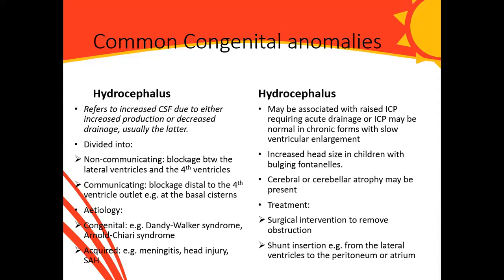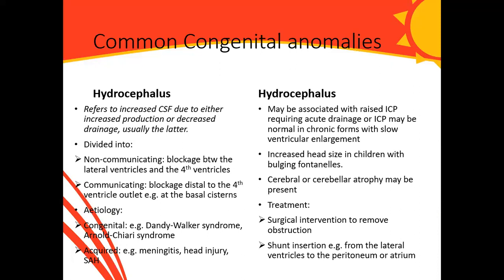Many of us must have anesthetized one or two patients with hydrocephalus for a VP shunt or whatever it is. Hydrocephalus refers to increased cerebrospinal fluid due to either increased production or decreased drainage. Usually, hydrocephalus results from decreased drainage.